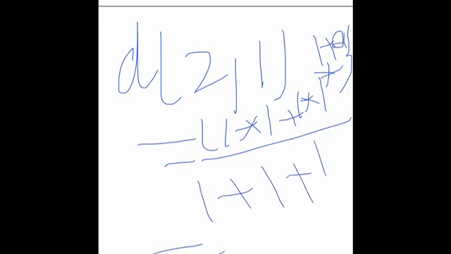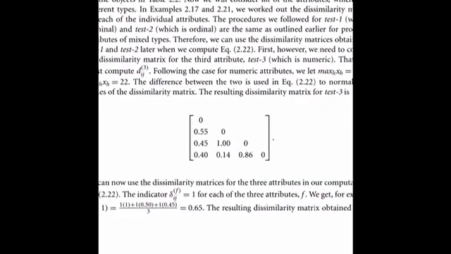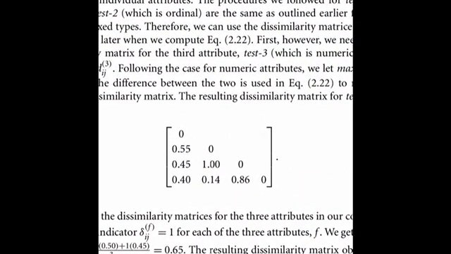Then we get this dij between 2 and 1. Then we calculate each element in this dissimilarity matrix to get this matrix: 0, 0.55, 0.